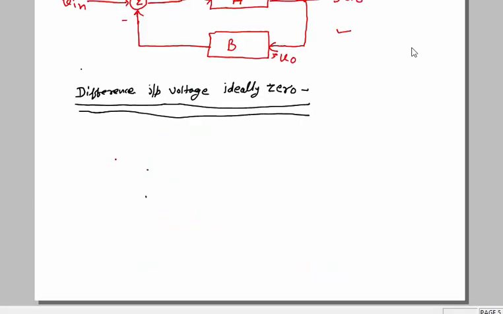Next we are going to see that the difference of the input voltage is ideally 0. So we are going to verify this. By the definition of op-amp we can write V0 equals A (V1 minus V2), or V0 equals A VID, because V1 minus V2 is VID.